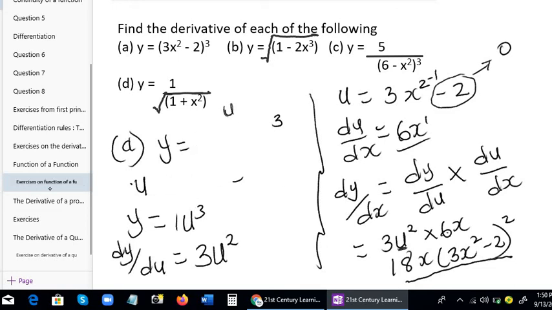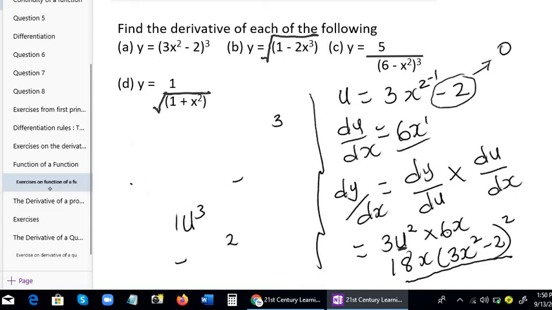Okay, now the next example we are going to take is B. You can always go back a bit.